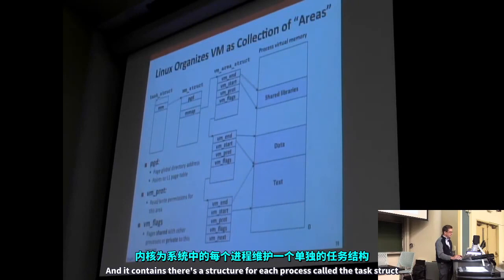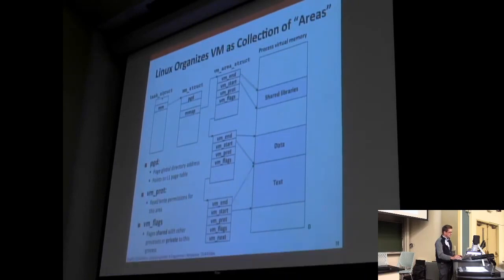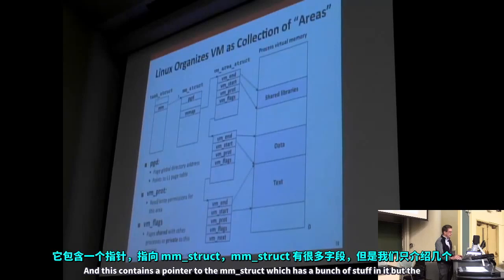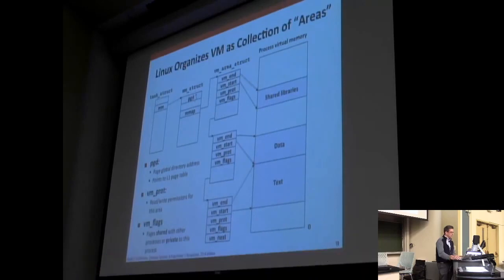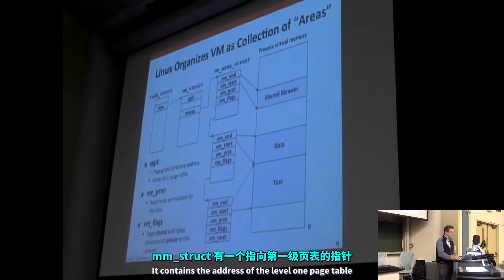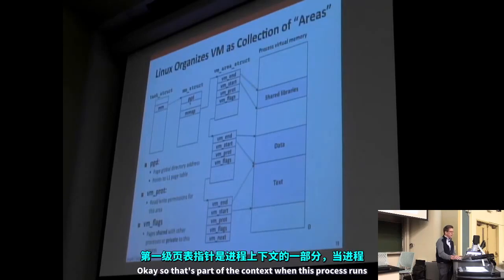There's a structure for each process called the task struct, and this contains a pointer to a struct which has a bunch of stuff in it, but it contains the address of the level 1 page table. So that's part of the context.